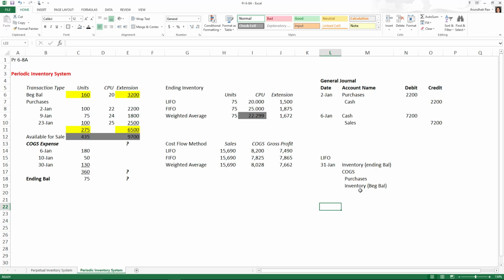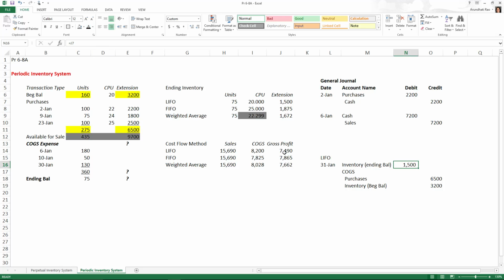So what I need to do is add up all the purchases. I had 3 purchases, adding up to 6,500. So all of that gets closed down, 6,500. My inventory beginning balance was 3,200. I close that down. My inventory ending balance, I had established that to be 1,500.